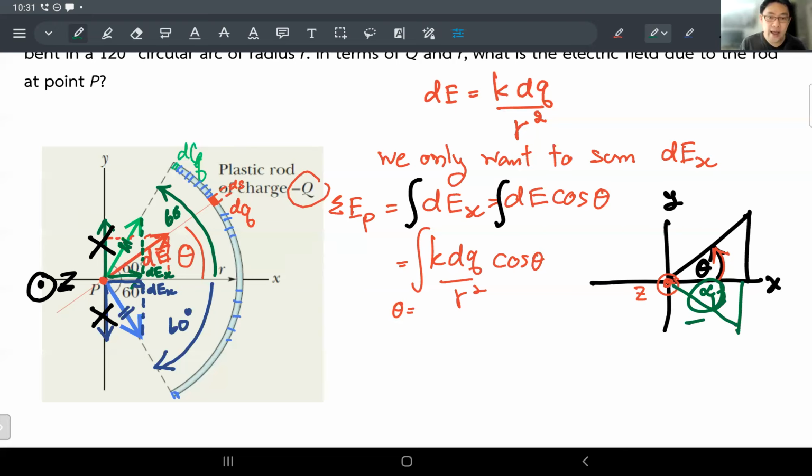Okay, so why am I saying this? Because down here, look at the blue. When you say it's 60 degrees, actually the starting point of this one is negative 60 degrees, because it's below the x-axis. And when you look at the green, up here, the position over there is positive 60 degrees.